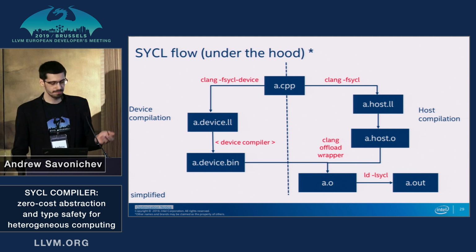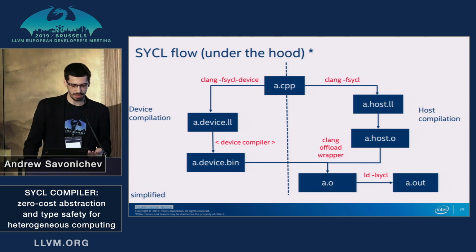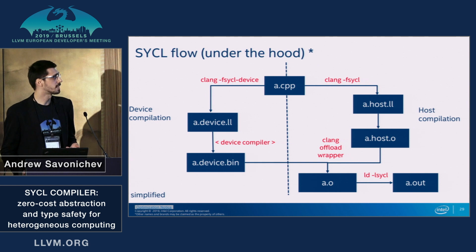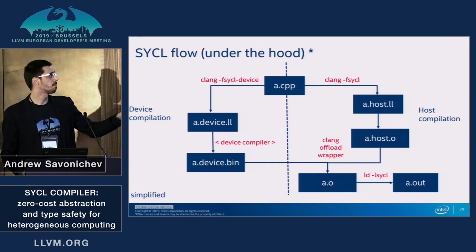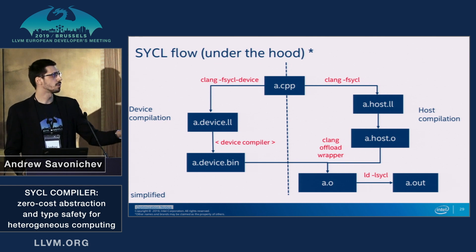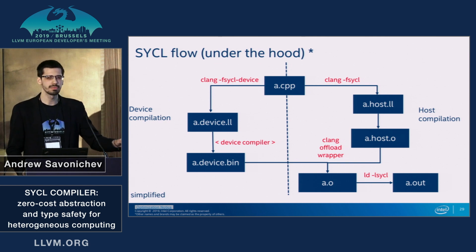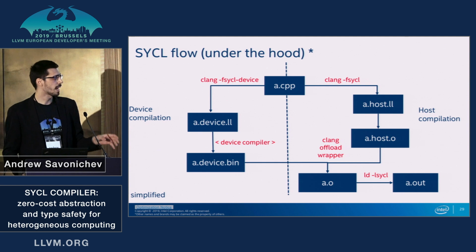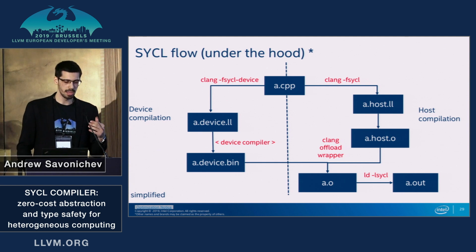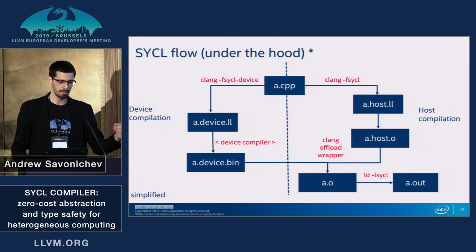Well, the Clang driver has a complicated implementation of -fsycl. It basically has two flows. On the left, you have the device compilation flow, and on the right, we have the host compilation flow. So we compile the same source twice, one for device. We extract the kernels, basically the lambda that is passed to parallel_for, and we compile that.